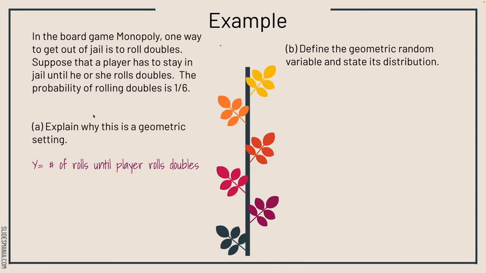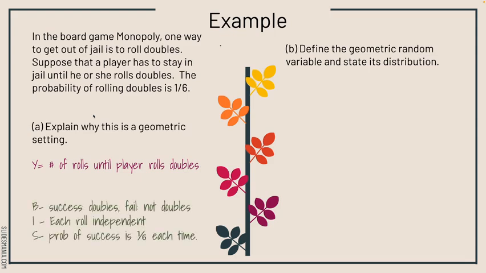Okay, so let's check BINS. B: success is doubles, fail is not doubles. That is binary. I: each roll is independent. Yes, each roll is independent.